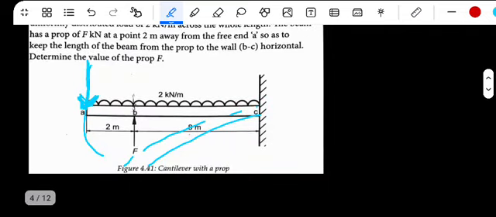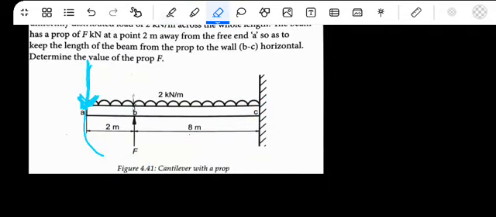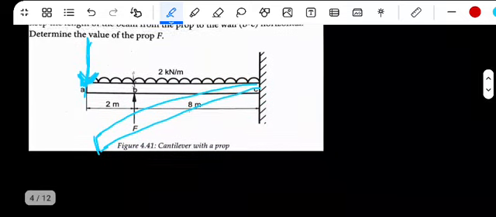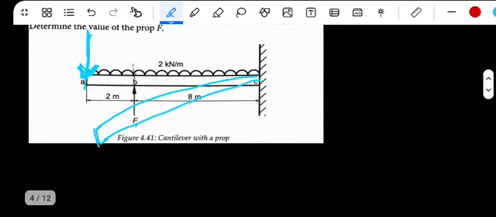The beam will try to bend like that, but as it is bending, there is a propped force opposing this bend, trying to lift up this cantilever there.